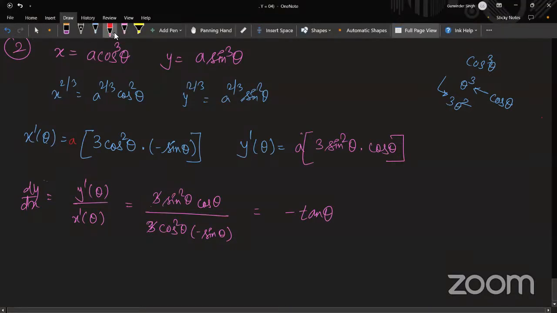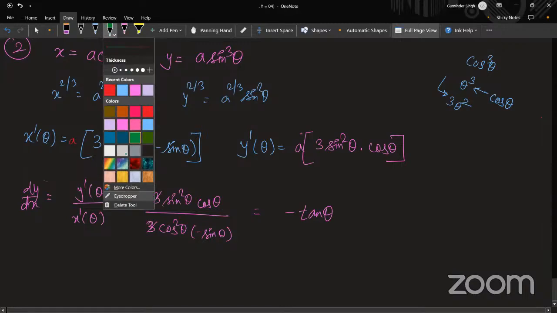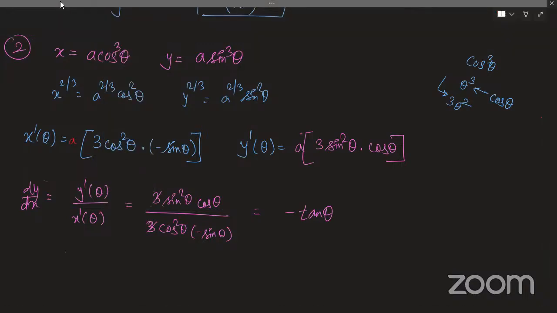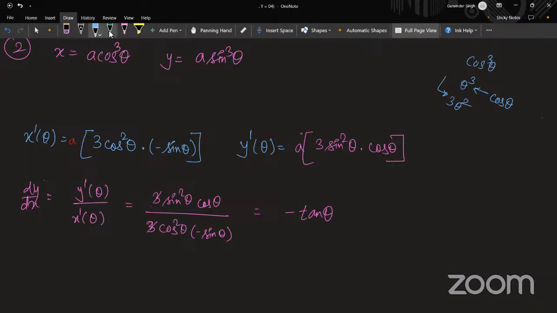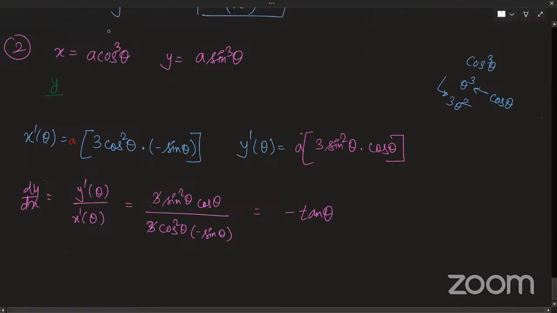So if you look into the definition of these parameters again, just a minute. I'll erase this part over here. And you divide y by x. If you divide y by x, what is your y by x? Do you agree it is tan cube theta?